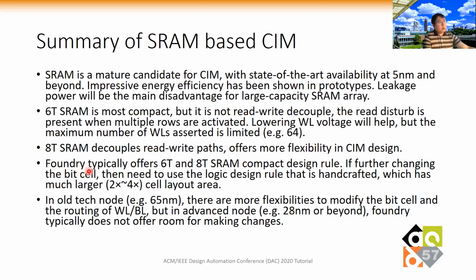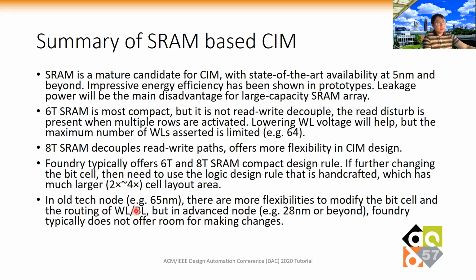And typically, foundries will offer 6T and 8T SRAM compact design rules. If you want to further change the bit cell beyond 6T or 8T, sometimes people propose 10T or even 12T, then you may have to use a handcrafted logic design rule, which will have much lower density, for example, 2 to 4 times lower density than the foundry compact design rule.